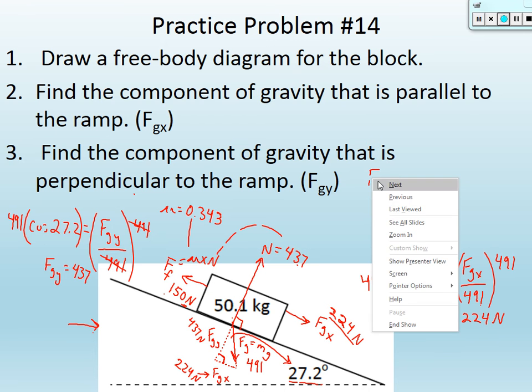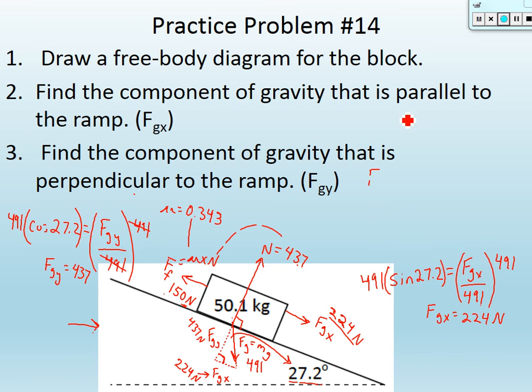So force net. Force net is equal to MA. How do you find force net, guys? Well, you take everything that's going down, 224, and subtract off everything that's going up, 150. And that's equal to the mass, which was 50.1 times the acceleration.